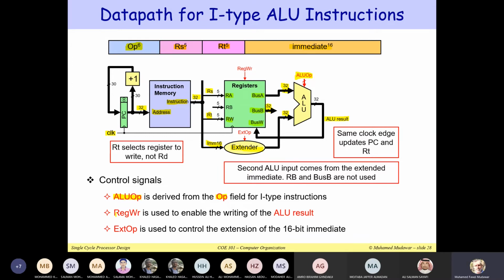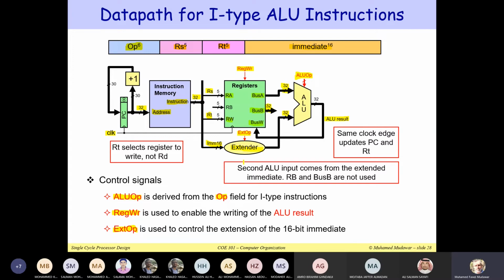Now, we need register write as before, because we need to enable the writing of register RT. And we need another control signal, which is called the extender op. The extender op is just telling the extender to do 0 extension or sign extension.